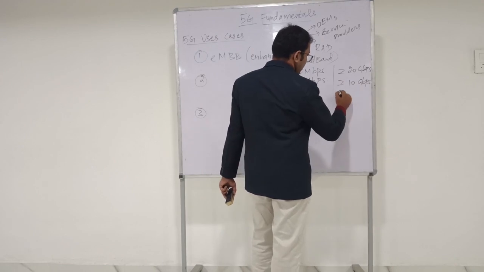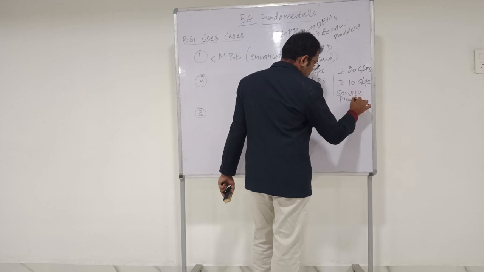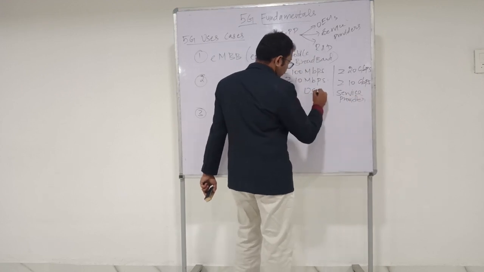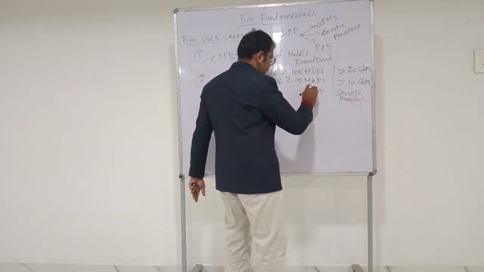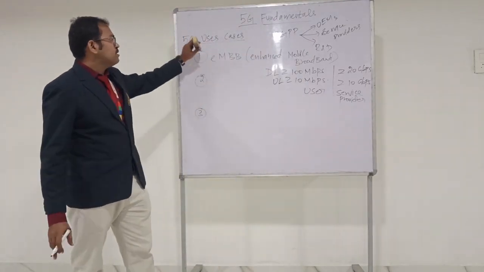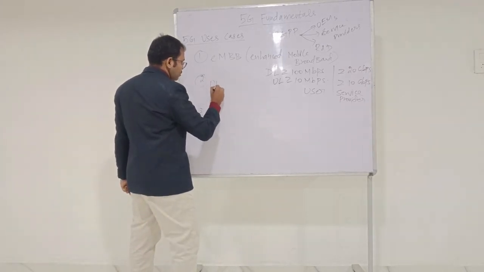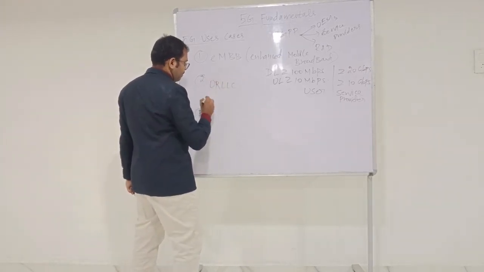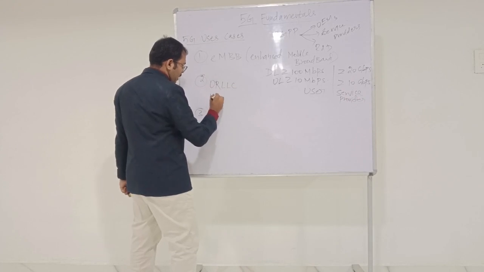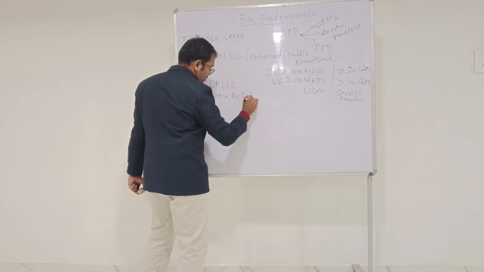This is from the service provider's perspective, and the earlier numbers are from the end user's perspective. So this is the first use case of 5G. What about the second one? The second one is URLLC, which stands for Ultra Reliable Low Latency Communication.